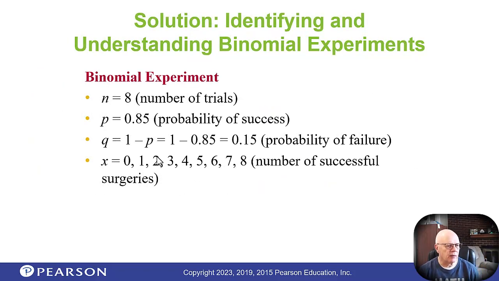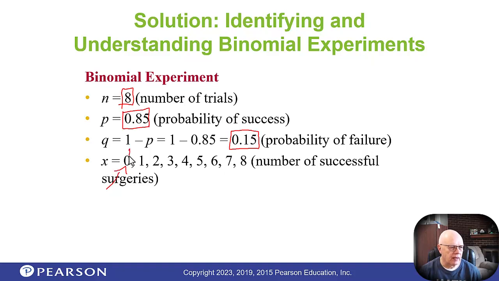So here we go. We're going to have 8 surgeries. Here's the chance of success on each one of those independent surgeries. Here's the probability that the surgery is not successful. And here are the X's or results that we might be interested in.